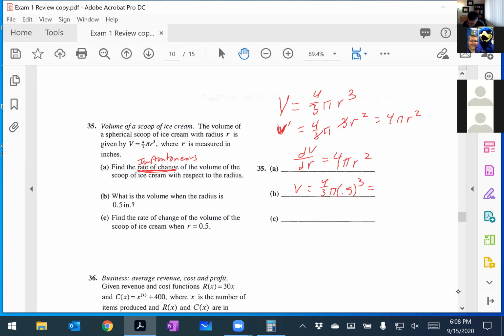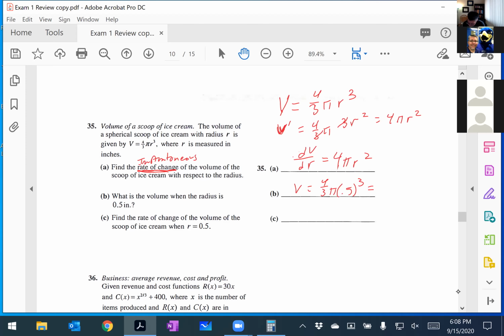So that's the rate of change. That's how fast the volume is changing with respect to the radius. So it's changing 3.14 inches cubed per 1 inch, if you want to think of it that way.